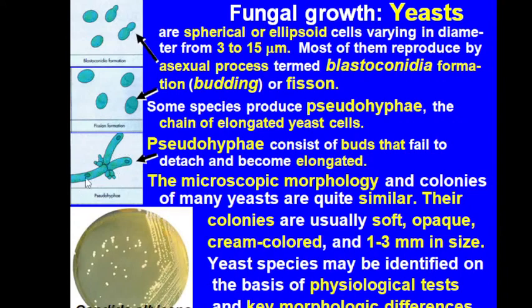And the elongated cells may stay attached. Then, when they stay attached, they form structures usually termed pseudohypha. Why pseudohypha? Because it consists of buds that fail to detach, but every bud is one single cell. Because yeasts are not multicellular organisms, they are unicellular organisms. So each elongated cell here is one single organism.